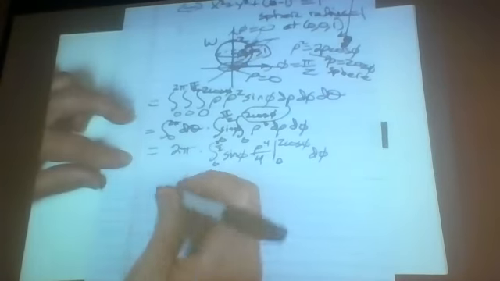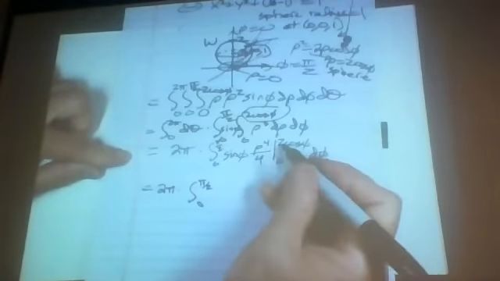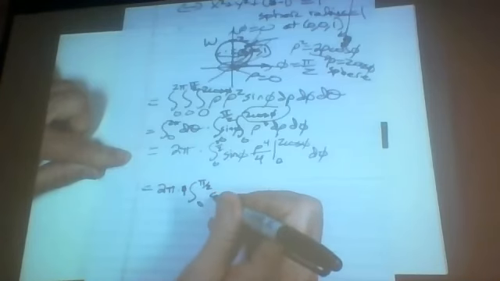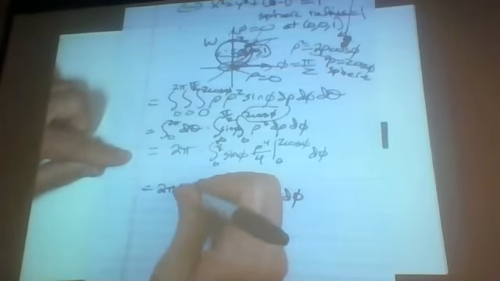That's 2 pi times integral from 0 to pi over 2 of 2 to the 4th is 16, over 4 is 4. So I got 4 cosine to the 4th of phi sine phi d phi.